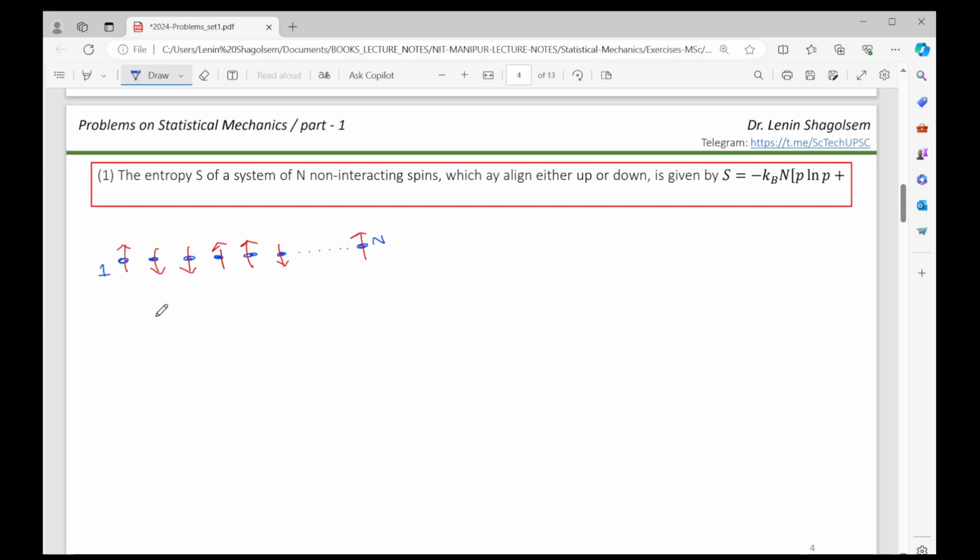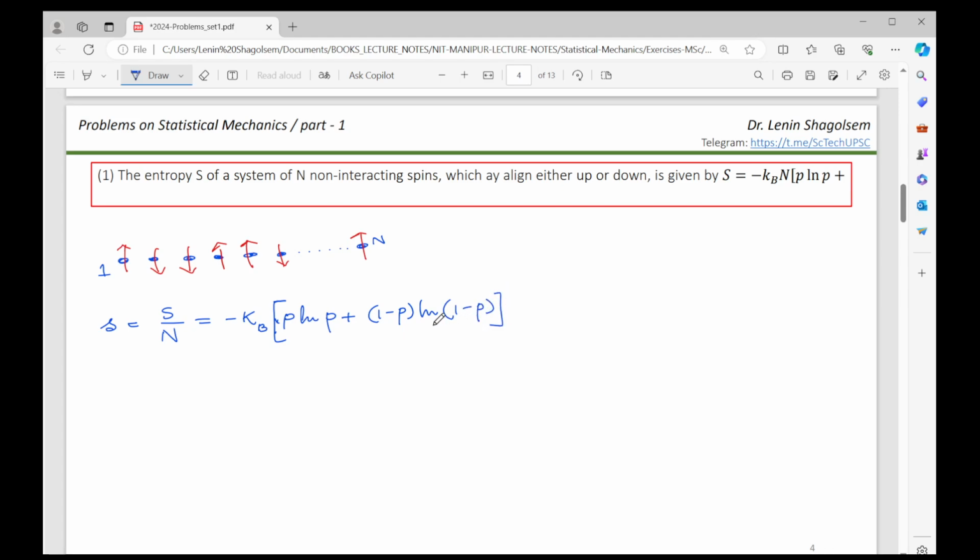And we found out that this entropy density S, which is S over N, was negative k_B times p log p plus 1 minus p log of 1 minus p.